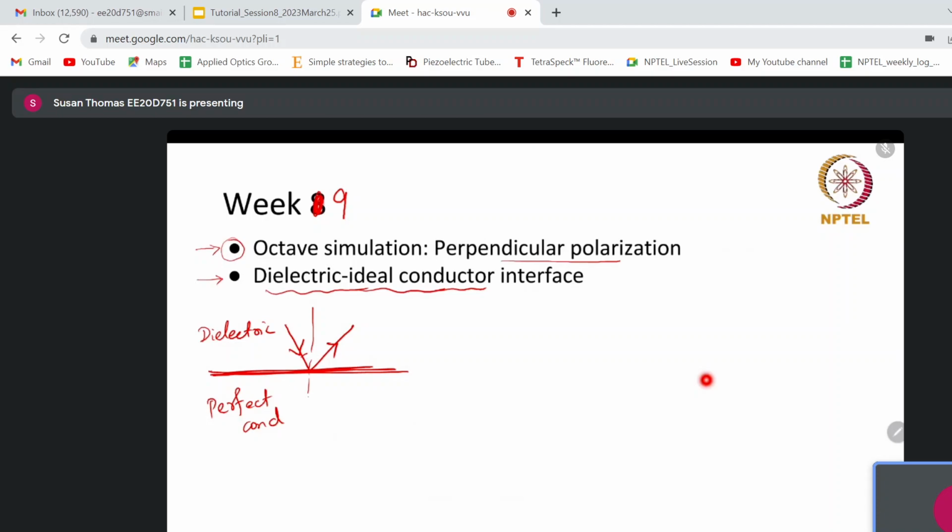Okay, so now let's go into the details of this dielectric ideal conductor interface, and we'll try to solve some sample questions based on that, which will help you because most of the assignment questions are based on this particular ideal dielectric and ideal conductor interface.